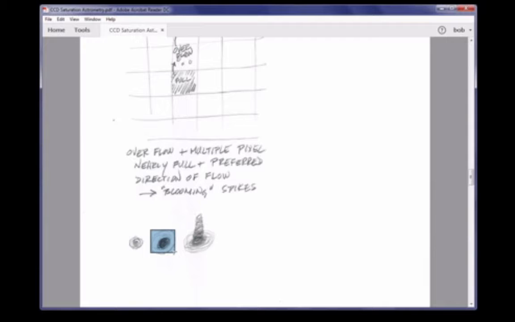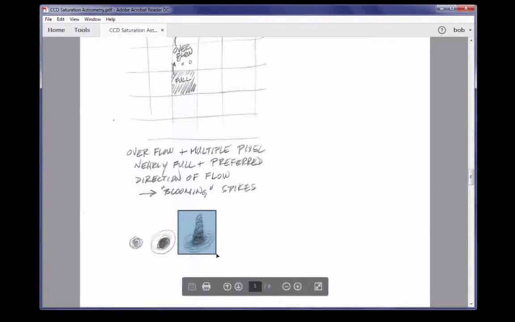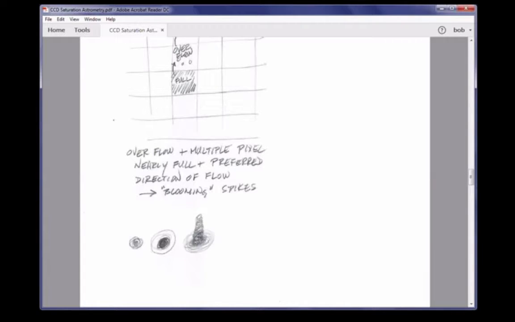It might be a flat-topped curve because some of those central pixels are getting at or near their maximum capacity. And then at some point, you see pictures like this where you've got a big blob of white light and then a smear of light going up or down or left or right. That's those overflow pixels coming from the overly saturated pixels in the center here.